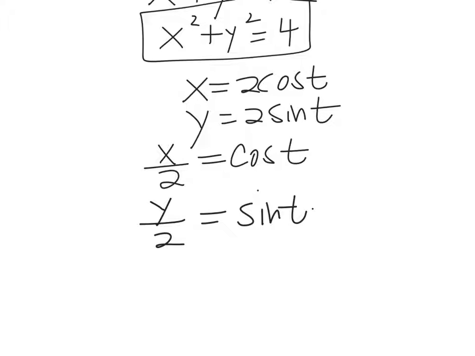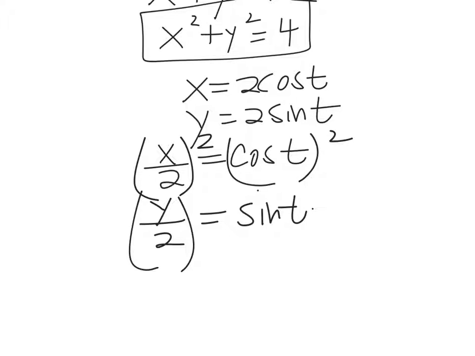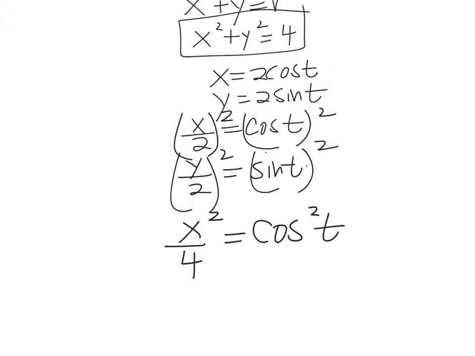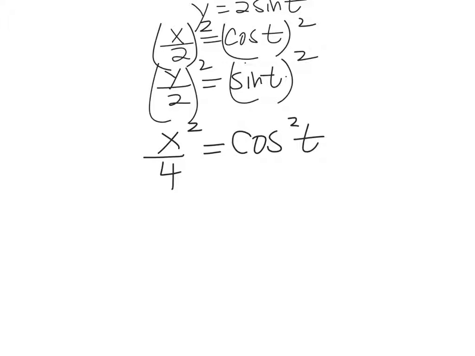Now I'm going to square both sides of the equations. And I get x squared over 4 equals cosine squared t. You have to do cosine t in parentheses with the squared.